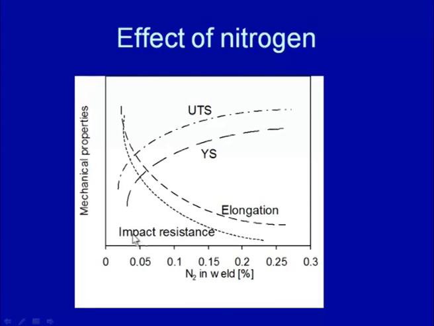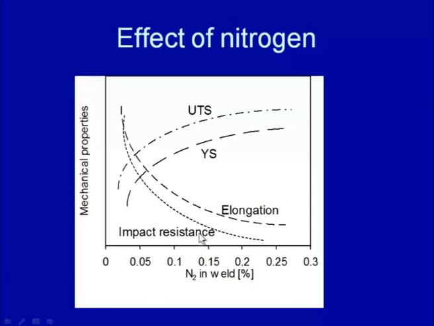So, it is not desirable to have lower impact resistance and elongation, because most engineering components and weld joints are subjected to impact loading and fatigue loading during actual service conditions. If the impact resistance is very poor, then the weld joint will not be able to survive during the engineering application or during service.